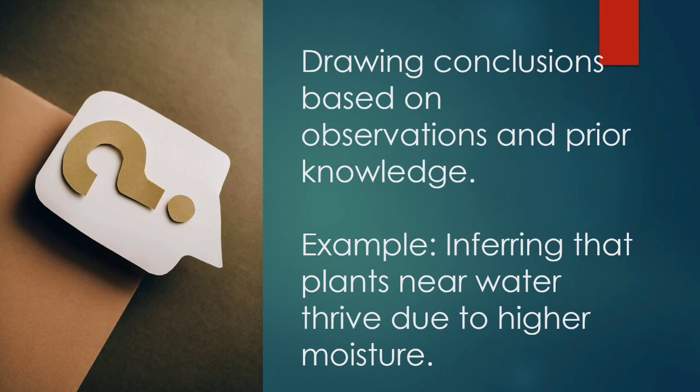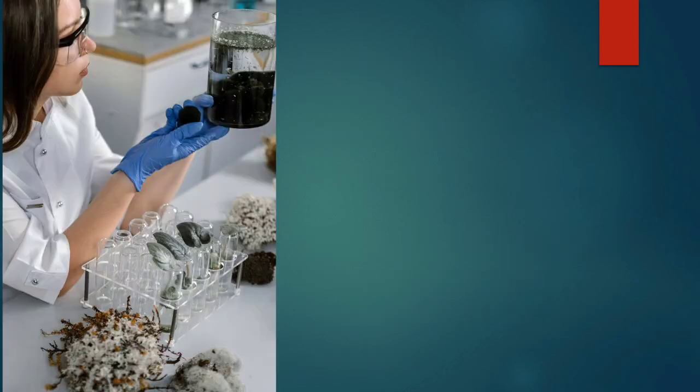For instance, you are inferring that plants near water thrive well due to higher moisture. So that is your conclusion, that any plant you see around a water area or around moisture, they do well, they grow well. Okay, so that is drawing a conclusion based on your observation and prior knowledge. All right, so that is it about inference.